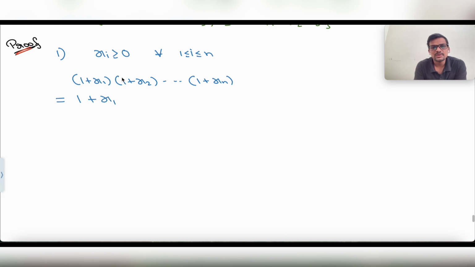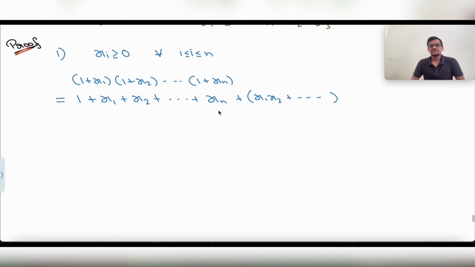Now if this 1 will multiply with x2, and this x2 will multiply with 1 and with every factor, then it will come x2, and like that we will get up to xn. Then we will get x1 x2 and many more things, right?